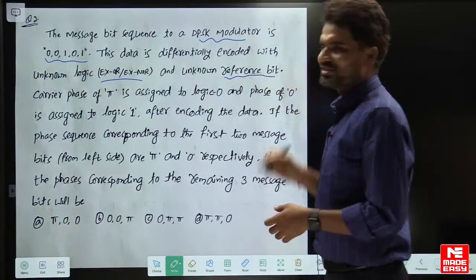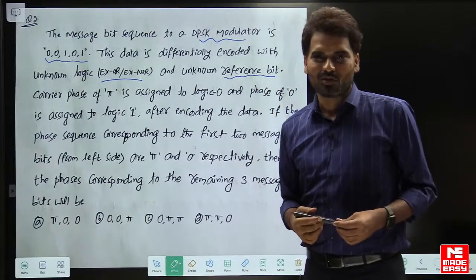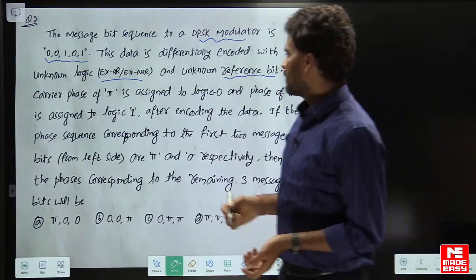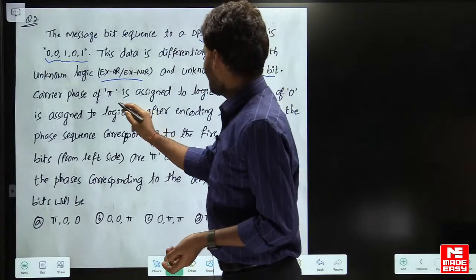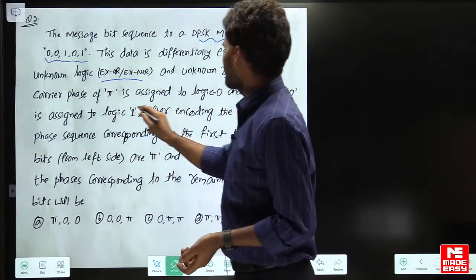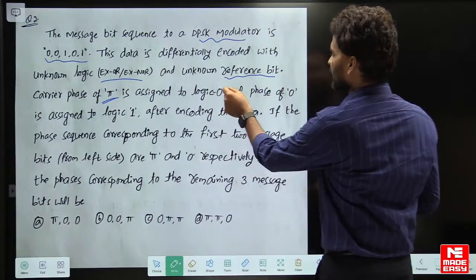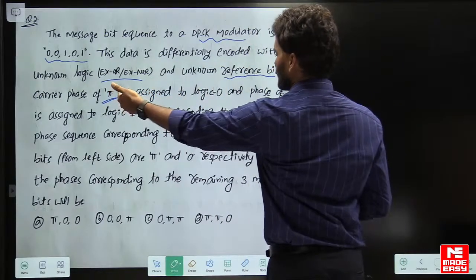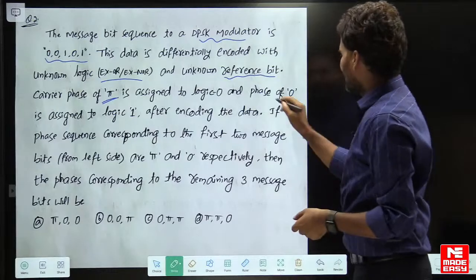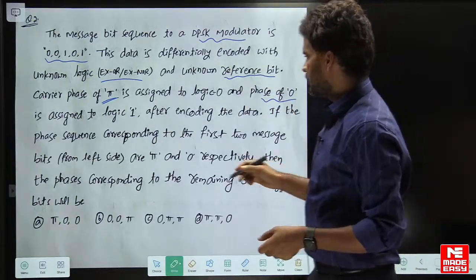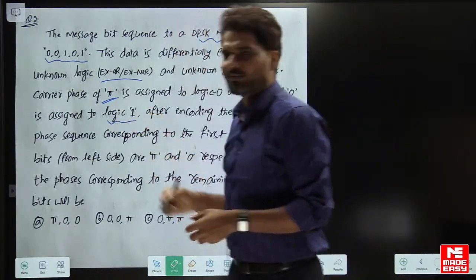Now it's tricky, the reference bit is also unknown. The carrier phase of pi is assigned to logic 0. So for bit 0, the phase shift of pi is assigned, and the phase of 0 is assigned to logic 1.